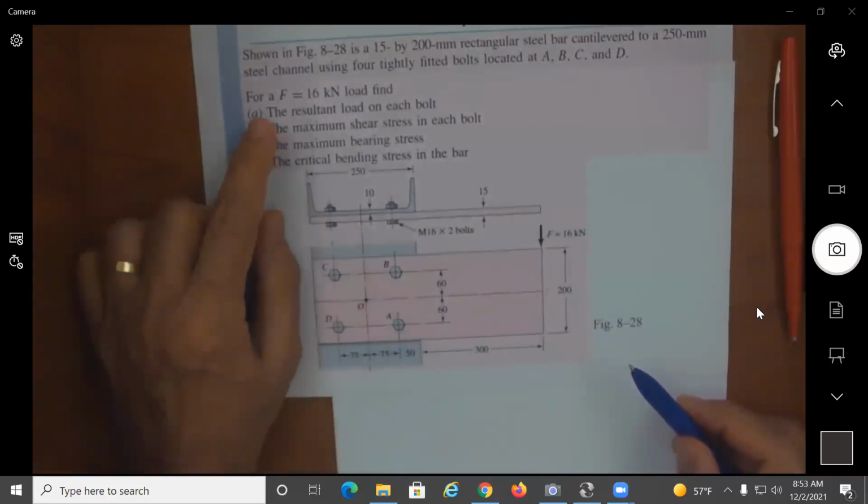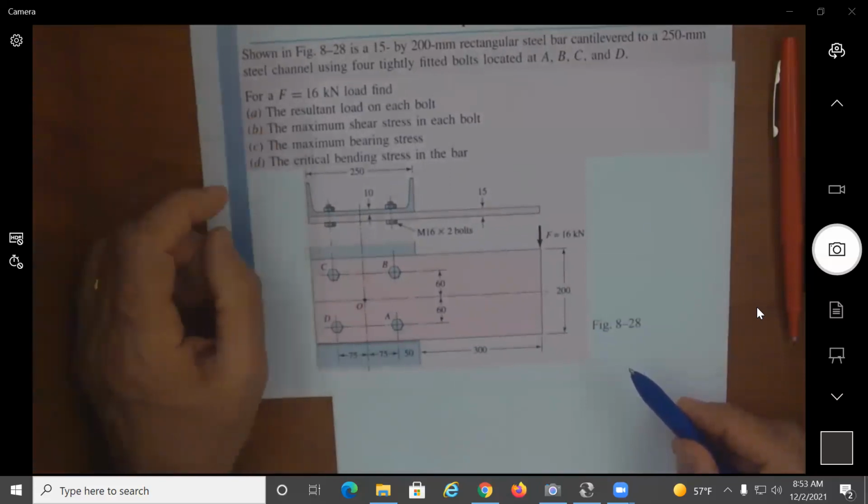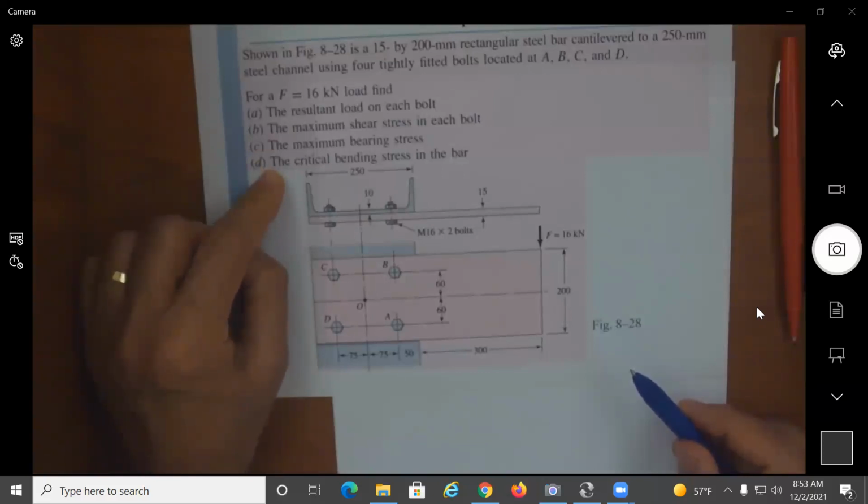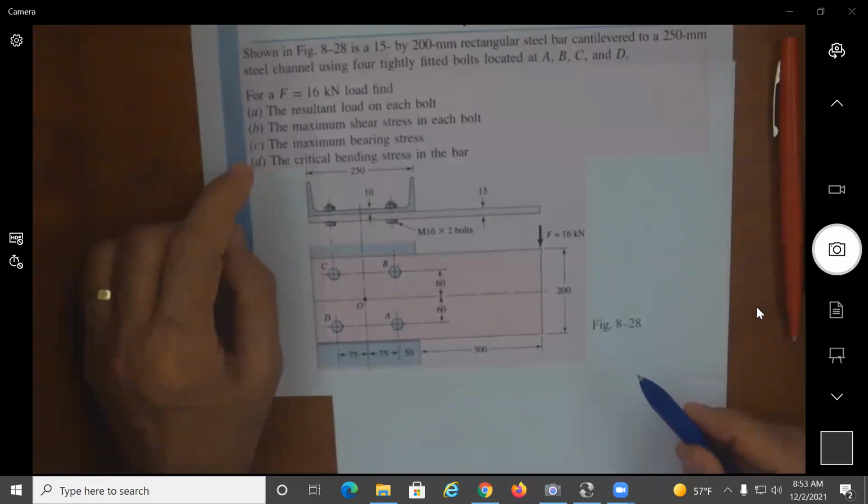We are asked to find the resultant load on each bolt, the maximum shear stress in each bolt, the maximum bearing stress, so that's going to be one number, and the critical bending stress in the bar.